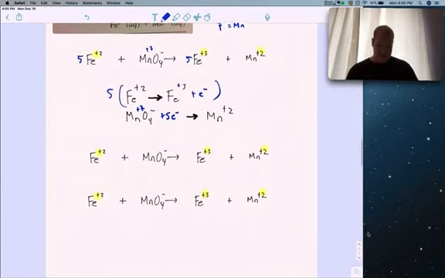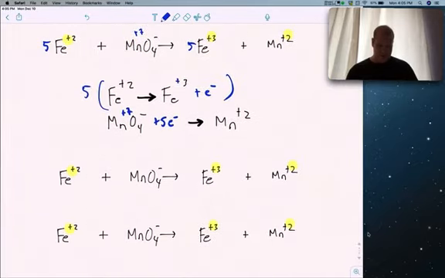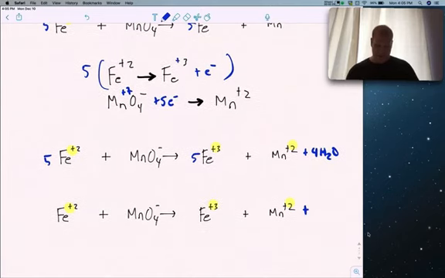So the next step is we're at 5 irons here. We need to balance the oxygens. So there are 4 oxygens on the left, so we need to add 4 waters on the right. So now we have the oxygens balanced, and the thing is we don't have the hydrogens balanced, so there are 8 hydrogens on the right, so we need to put 8 H pluses on the left.